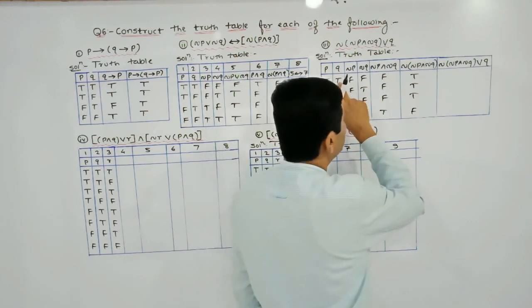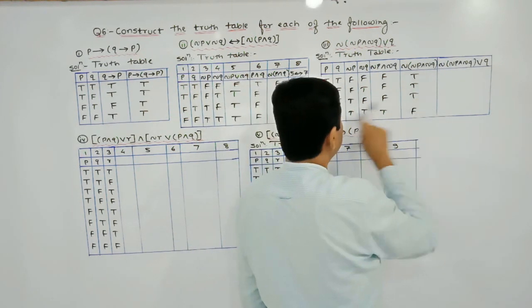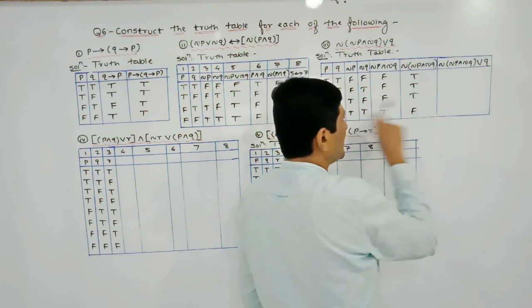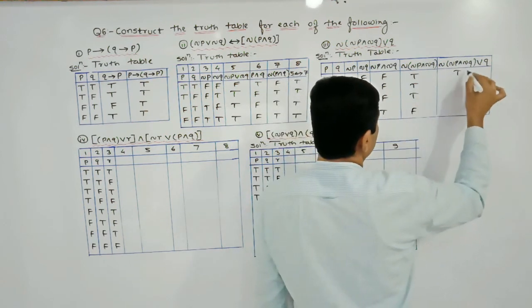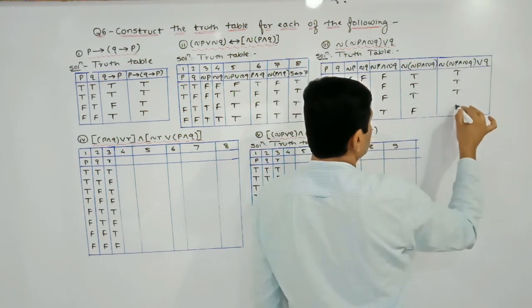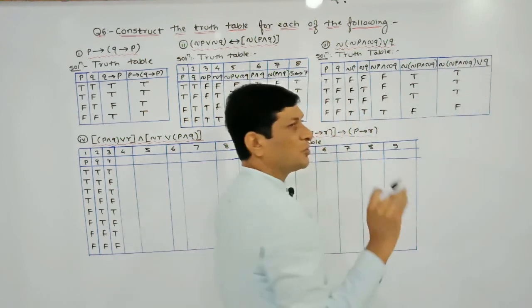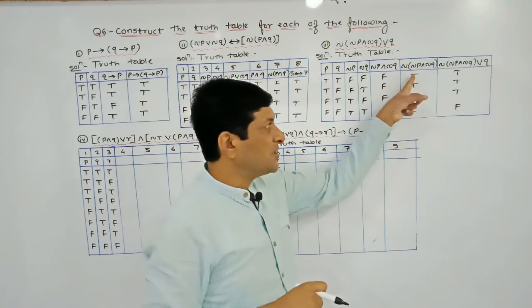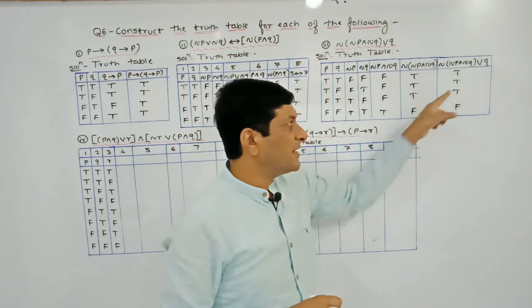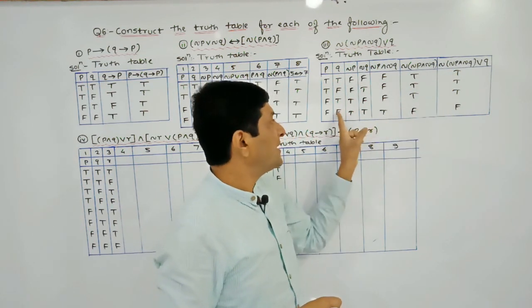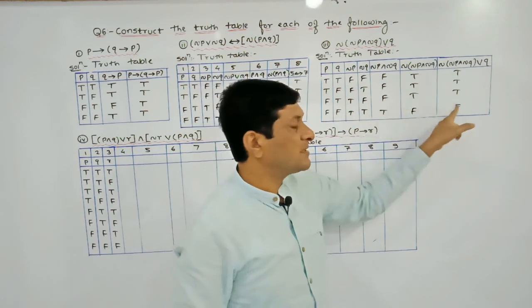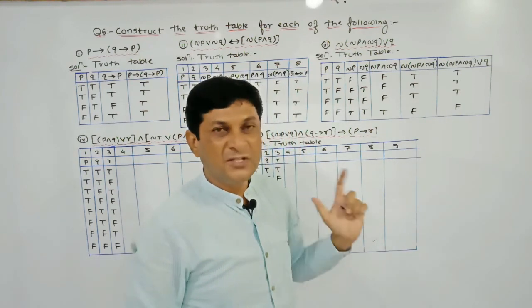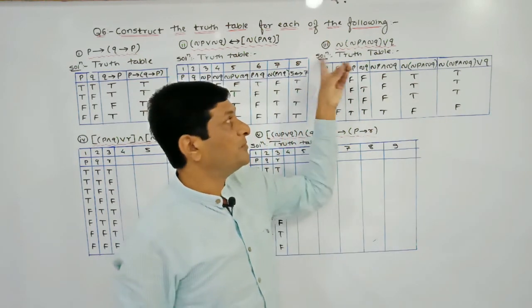So here true appears, here also true, true, and lastly in the last case false. So true, true, true, false, because OR will be true if at least one of them is true. In the last case both the statements are false. That's why OR will be false. In this way we have constructed the truth table of this statement.